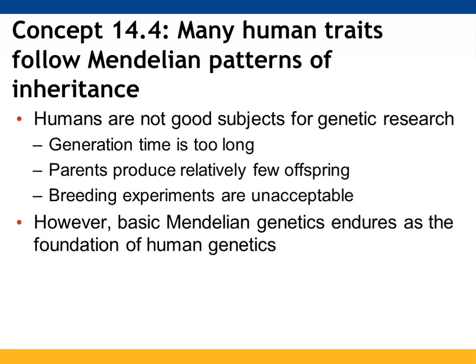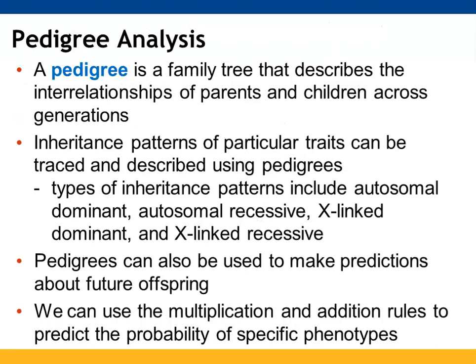But we can examine genetics in humans by looking at relationships between parents and offspring, siblings of parents, and grandparents of offspring. So we can examine relationships using the families that are already present. Pedigrees are often used to look at these relationships between parents and children across generations.